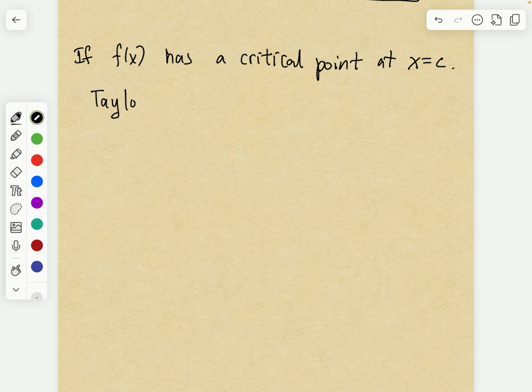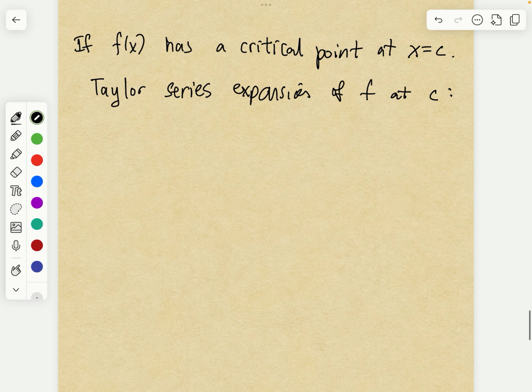Let's take a look at the Taylor series expansion of f at c. f of x is approximately f of c plus f prime of c times x minus c.